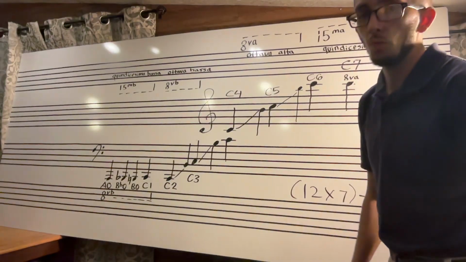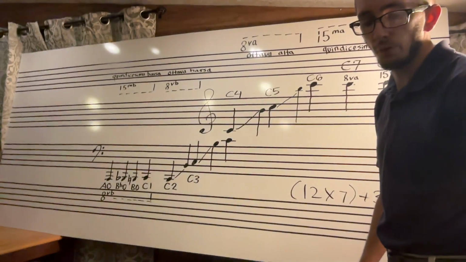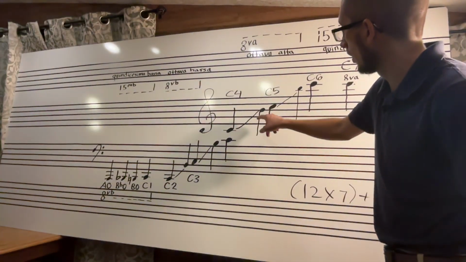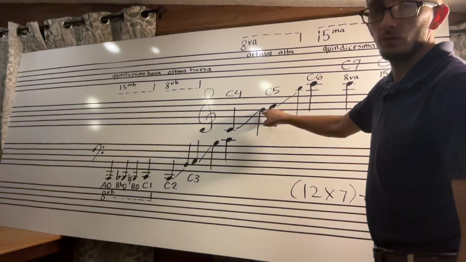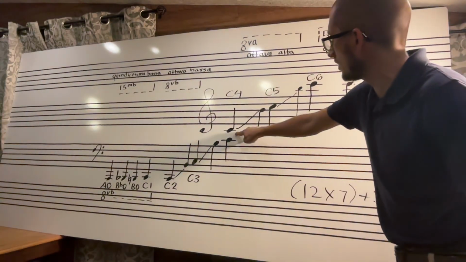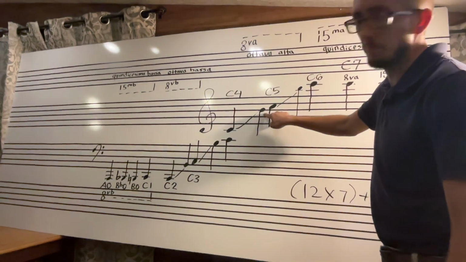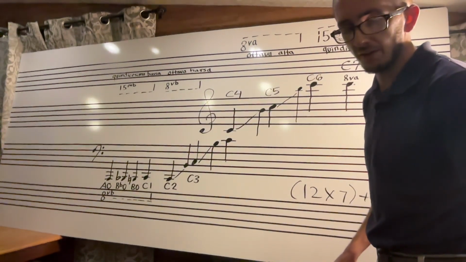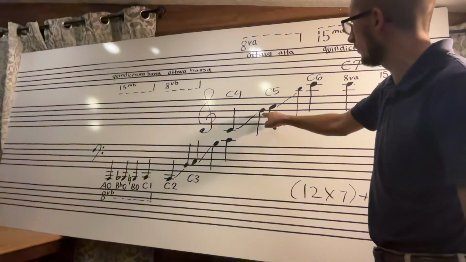So we have 1, 2, 3, 4, 5, 6, 7, 8, 9, 10, 11, and 12. 12 is right here at this B. So from this C all the way up to this B, that's 12 unique notes.